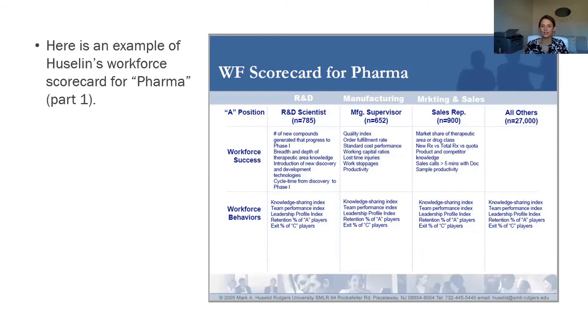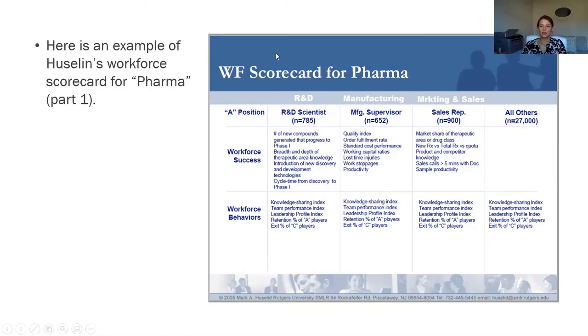So marketing and sales, this department is going to pay attention to the length of the service calls. The length of a service call is going to be an indicator of the success of that particular department. That's sort of the department level.